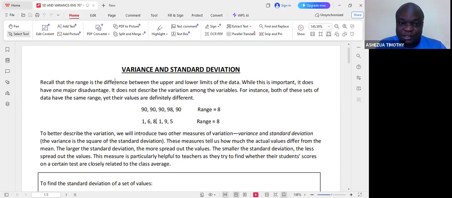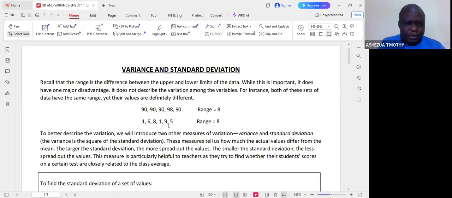Even in this set of values, the highest value is 9 and the lowest is 1. The difference between 9 and 1 is 8. So the range is 8. The range is therefore, by definition, the difference between the highest value and lowest value in a set of values in a distribution.